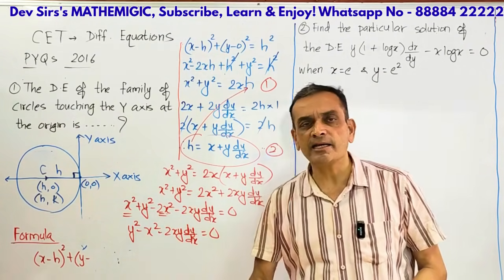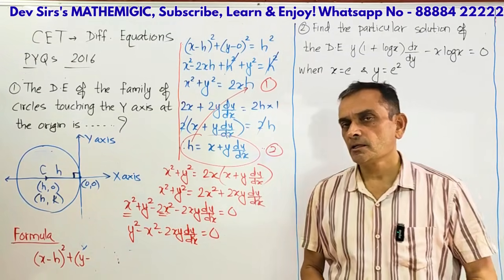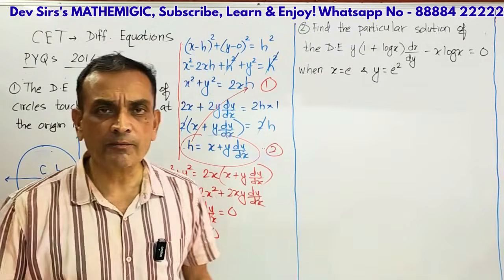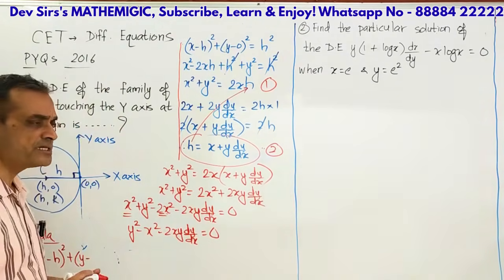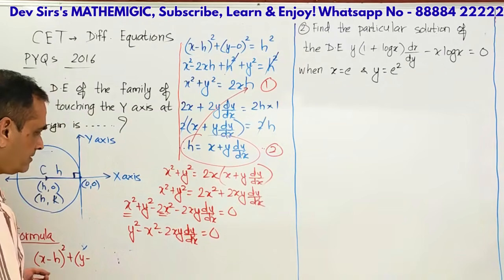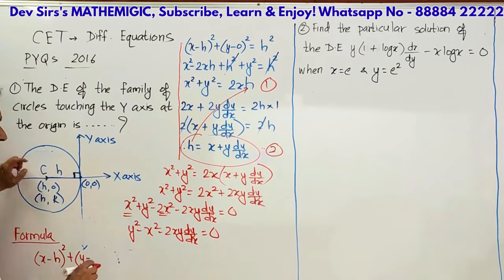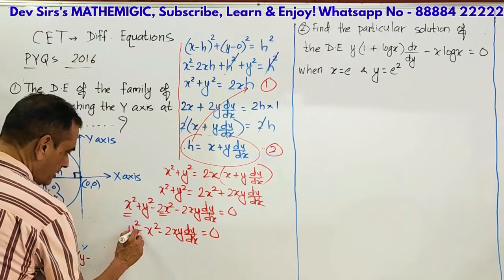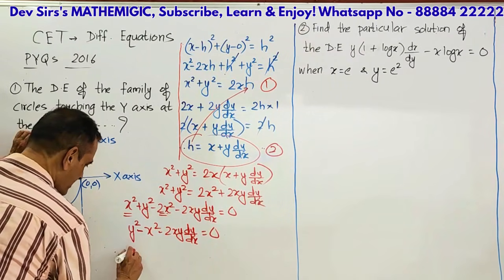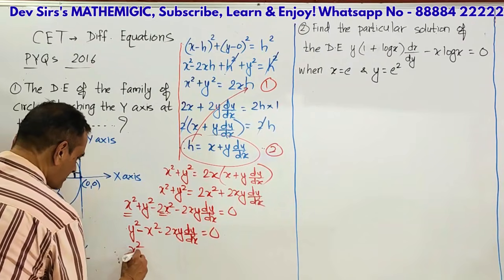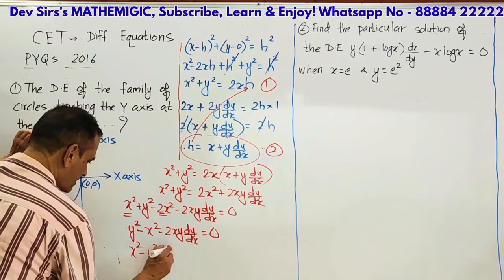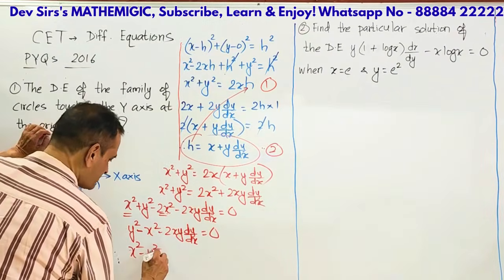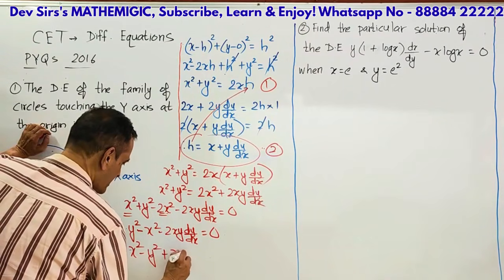So let us multiply each term by minus 1, meaning change the sign. So after changing the sign, minus x squared becomes plus x squared, y squared becomes minus y squared, minus 2xy becomes plus 2xy.